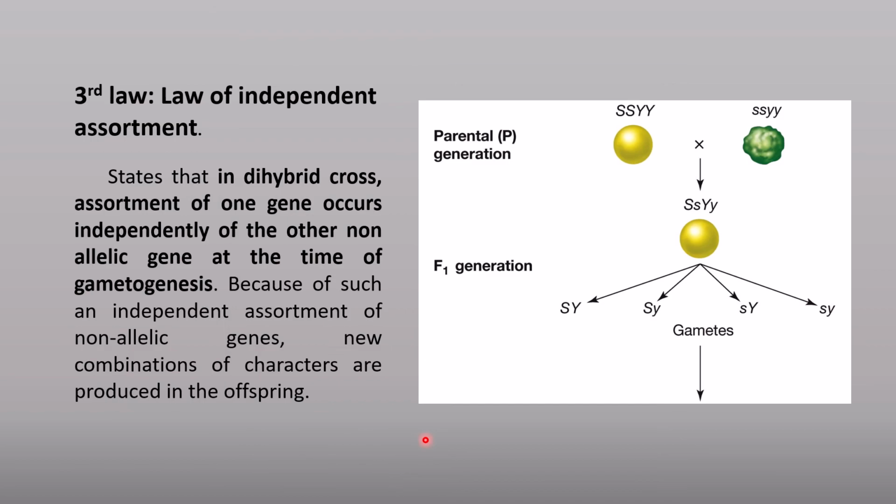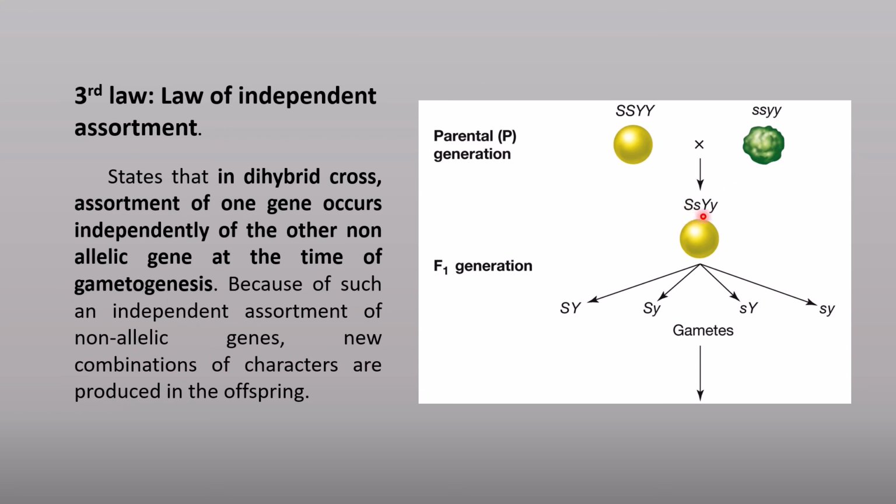And what was that law of independent assortment? This particular law states that in a dihybrid cross, assortment of one gene occurs independently of another non-allelic gene at the time of gametogenesis. So here this is the F1 generation dihybrid.